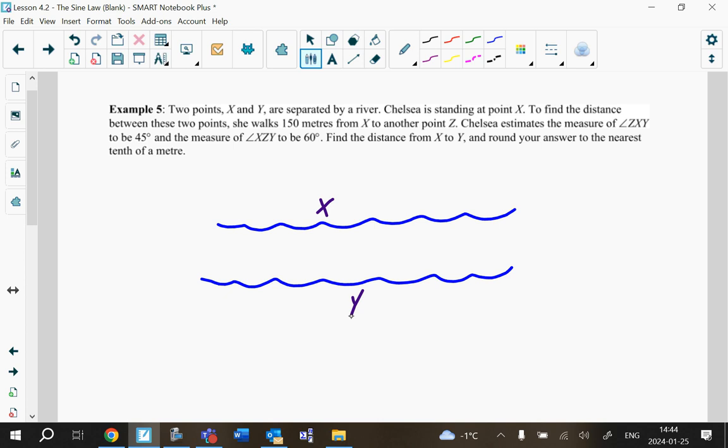What she's going to do is walk to another point along her side of the river and call it Z. And that distance that she walked was 150 meters. And you see the triangle that's being created.